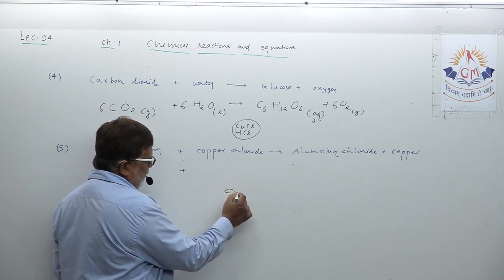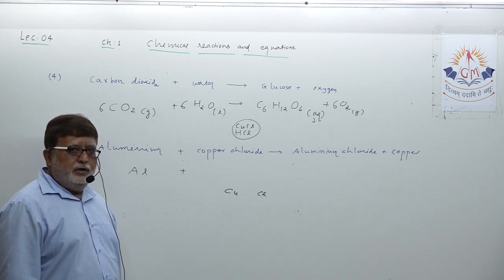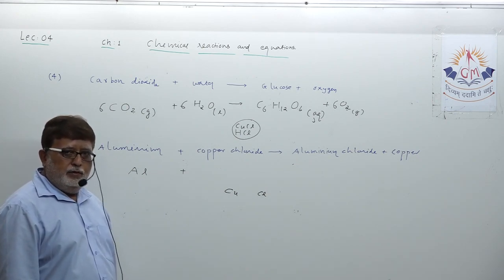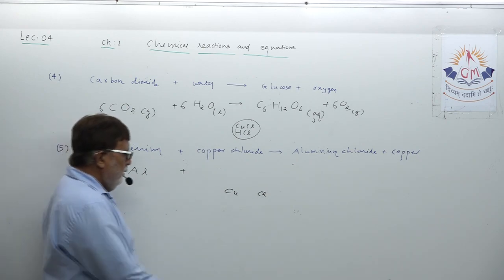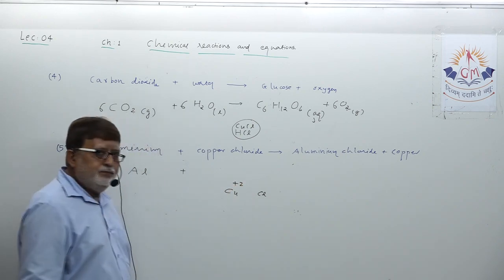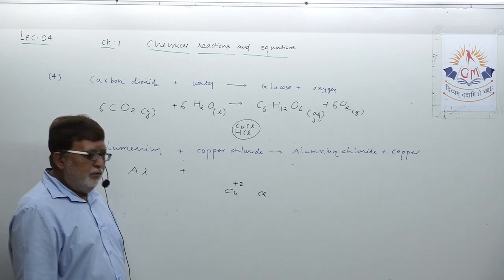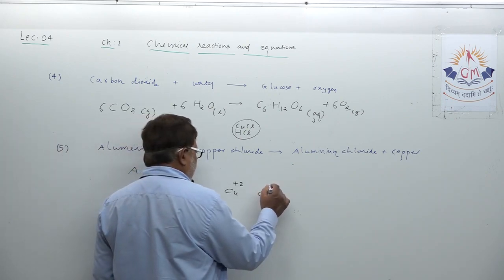Suppose two elements, copper and chlorine, are participating in making a molecule of copper chloride. If you know the valency of copper is +2, the valency of chloride is -1.